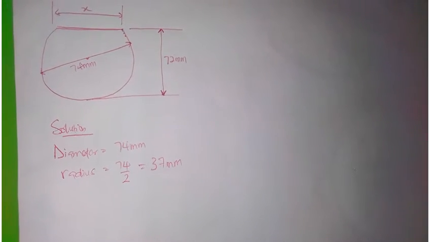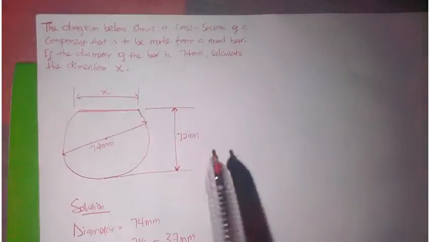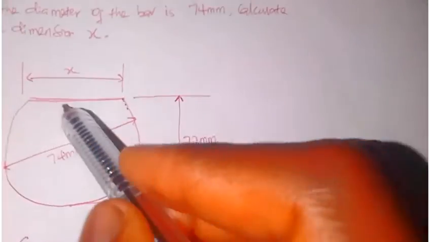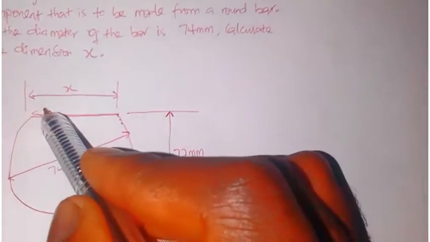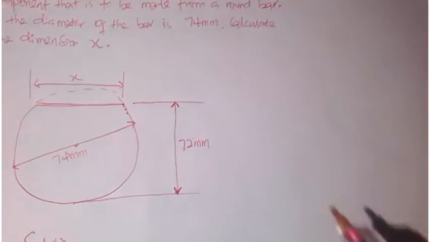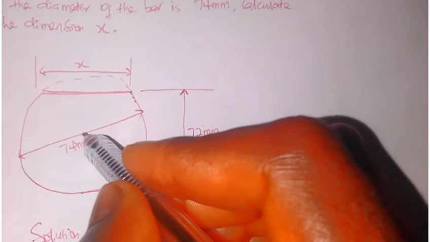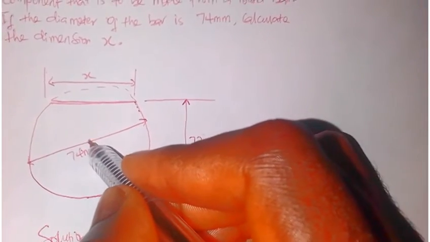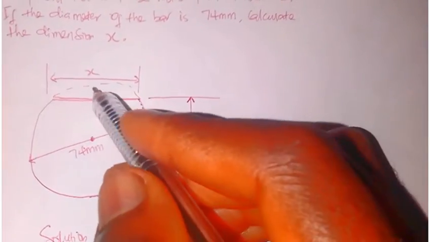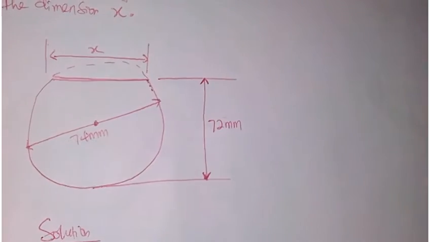Now what am I looking for? I'm looking for x. Let's assume this circle was complete. It means I'm going to have something like this. Any length from the center of the circle to anywhere on the circumference is called my radius.